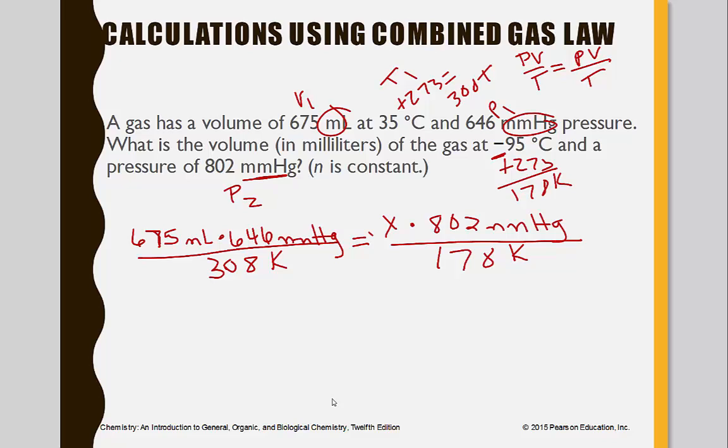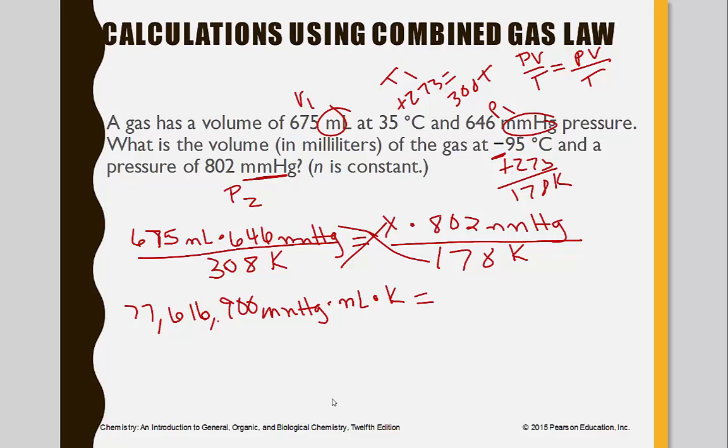So we're going to multiply these together. So 675 times 646 times 178. That comes out to be 77,616,900. If we want to focus on the units, which we always do, we have millimeters of mercury times milliliters times kelvins, because at this point we have nothing canceled out.